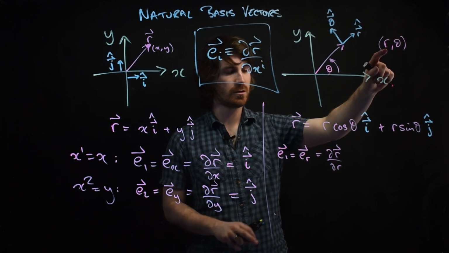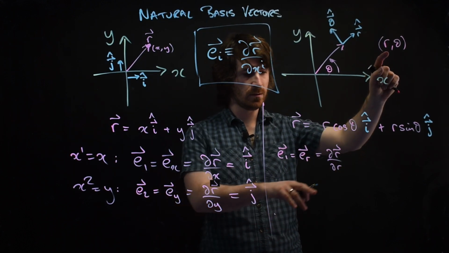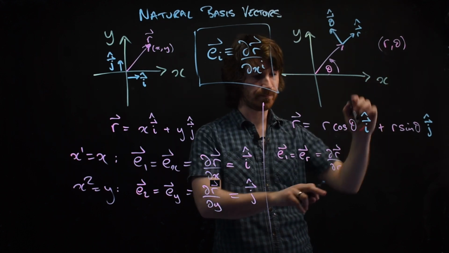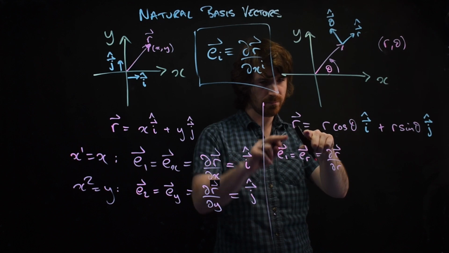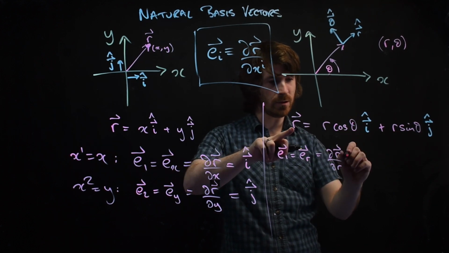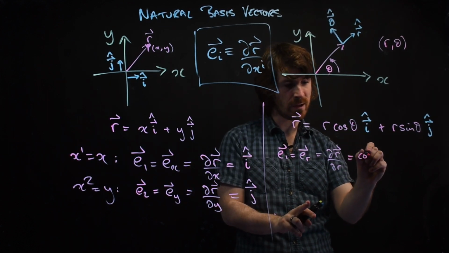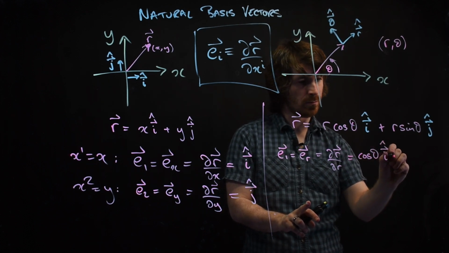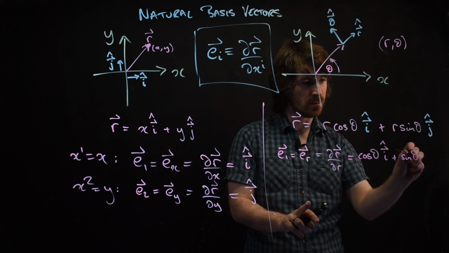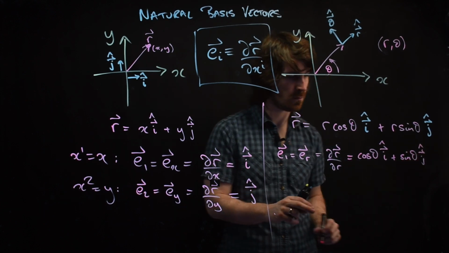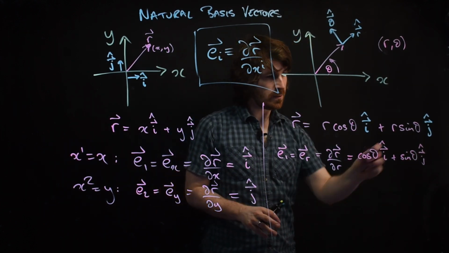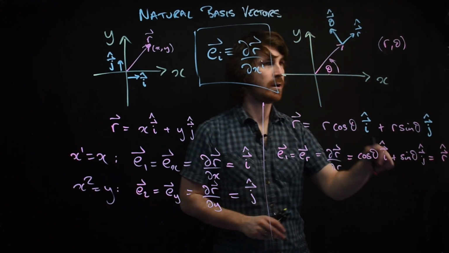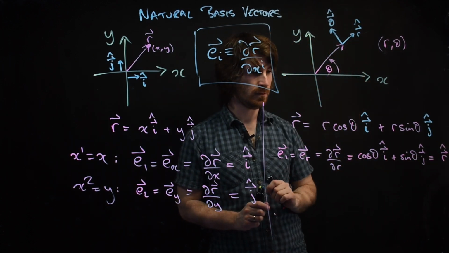So our first coordinate is r, so this is dr by dx1, and our x1 is r. So dr by d scalar r is just cosine theta i hat plus sine theta j hat. And this is just the unit vector r hat, as you know.